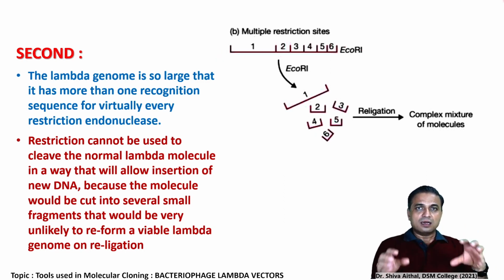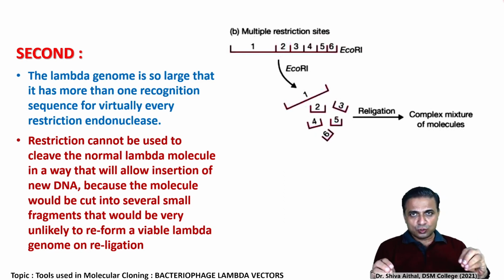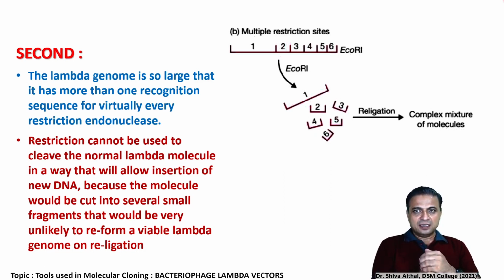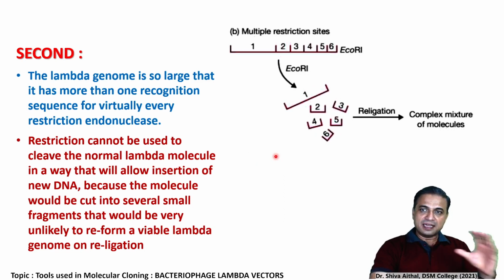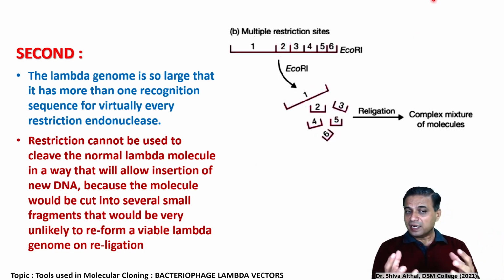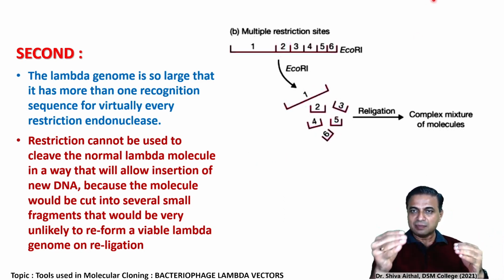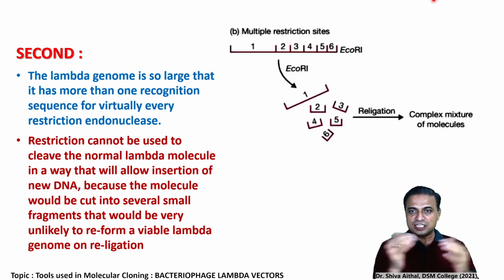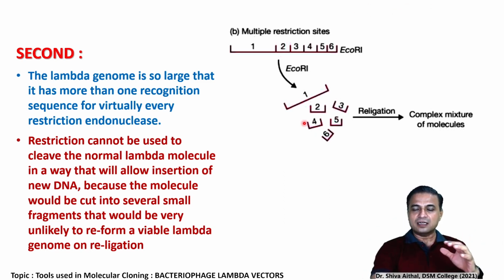If you are using restriction endonuclease cleavage on the phage DNA using EcoR1, there are at least 6 points by which you can generate 6 fragments of varying lengths, which will automatically religate because of the same restriction endonuclease making cuts on the DNA.